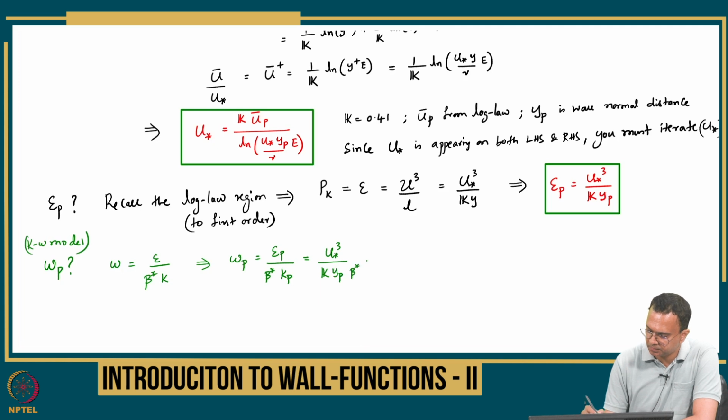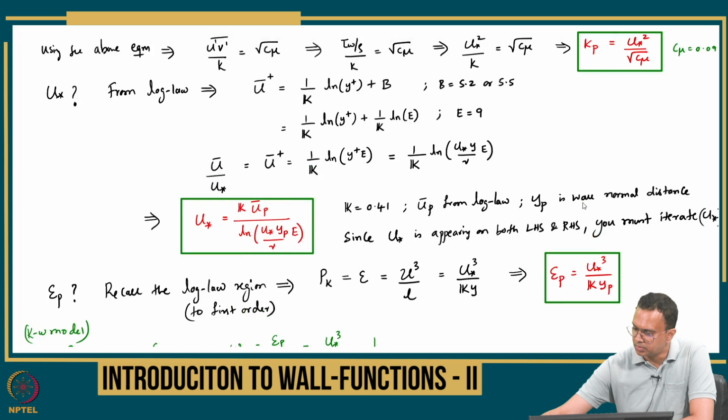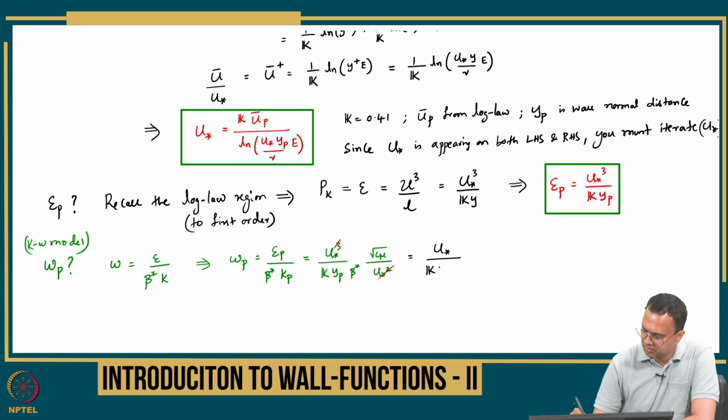times 1 over beta star, times 1 over kp. Kp is u star square by square root of c mu. So it becomes square root of c mu by u star square. So this cancels out, giving you u star divided by kappa yp, beta star square root of c mu.